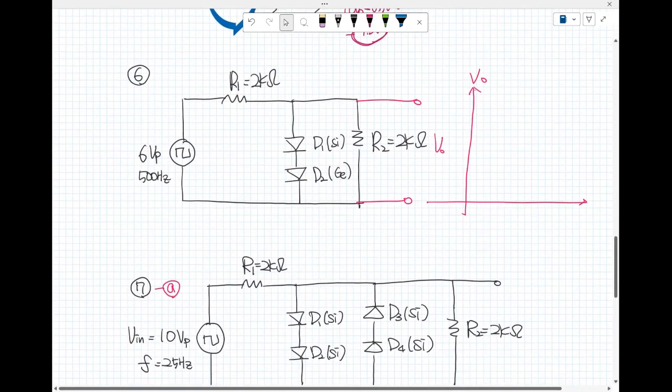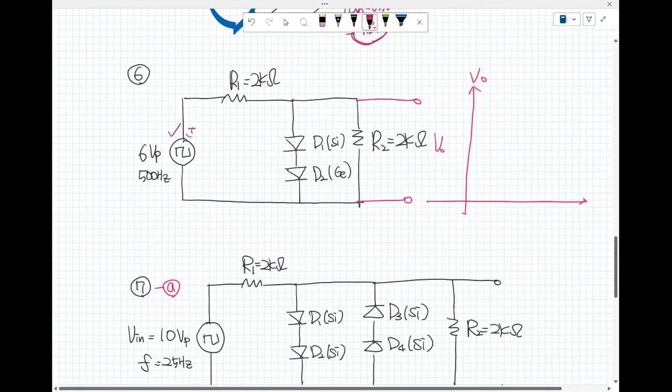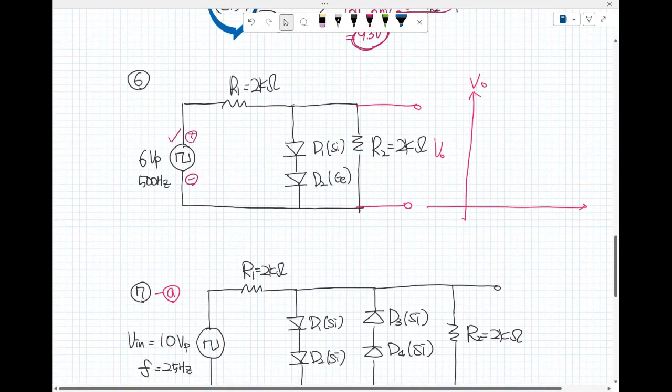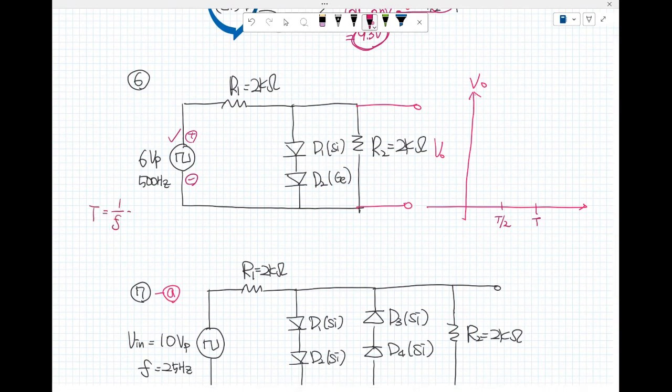Okay, now I'm gonna go faster. So what that was for the plus minus. Why? Because that was the AC, but the rectangular 6 V sub P. The T over 2 and T. Usually T is 1 over F, right? 1 over 500. That's 0.2 millisec. That was 0.2 millisec. That point, let's say 0.1 millisec.